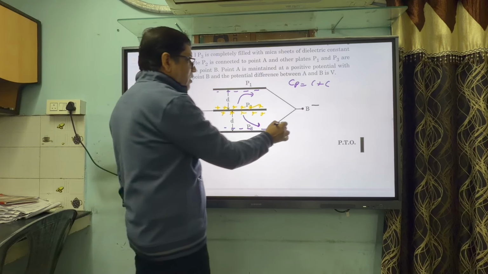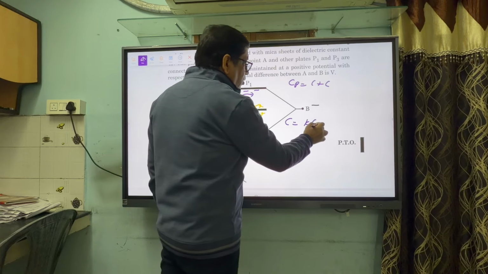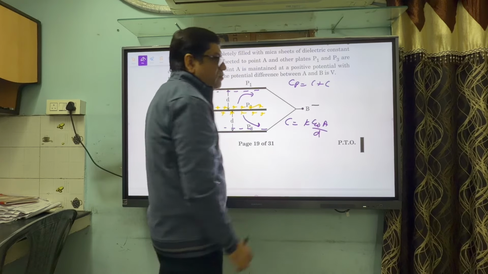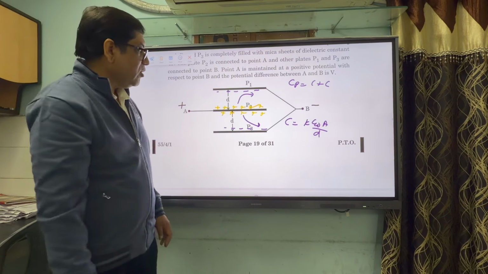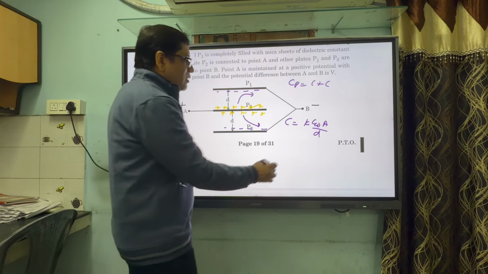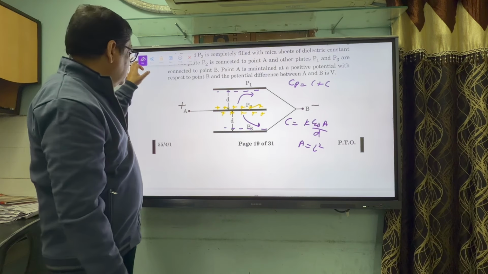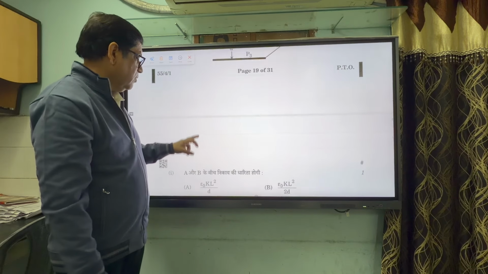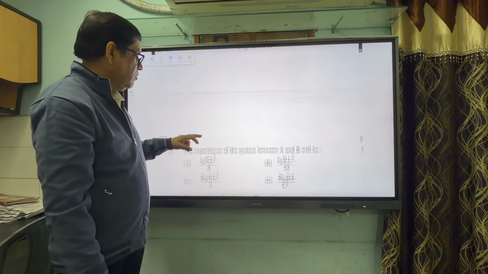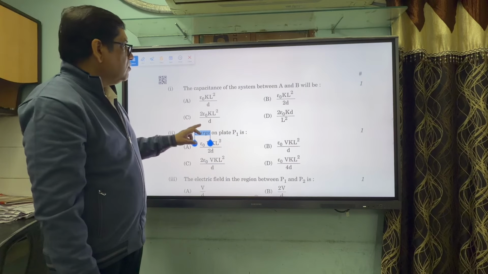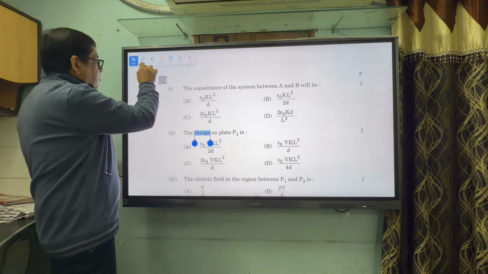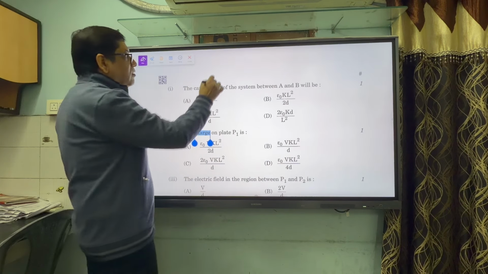Capacity का फॉर्मूला आपको पता है क्या होता है? K epsilon naught A by D. यहाँ पे उन्होंने स्क्वायर प्लेट्स दिया हुआ है, तो एरिया की जगह L स्क्वायर आ जाएगा. Let us see. Capacitor system will become between two capacitors, 2C.